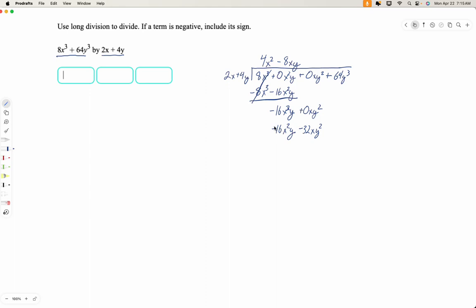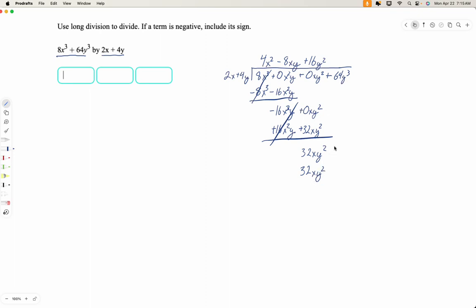Now we change the sign in order to cancel. This cancels. We combine the second term and we get 32xy squared. We divide by the x term, 2x into 32xy squared, that's going to be 16y squared. If we multiply 16y squared times 2x, we get 32xy squared.